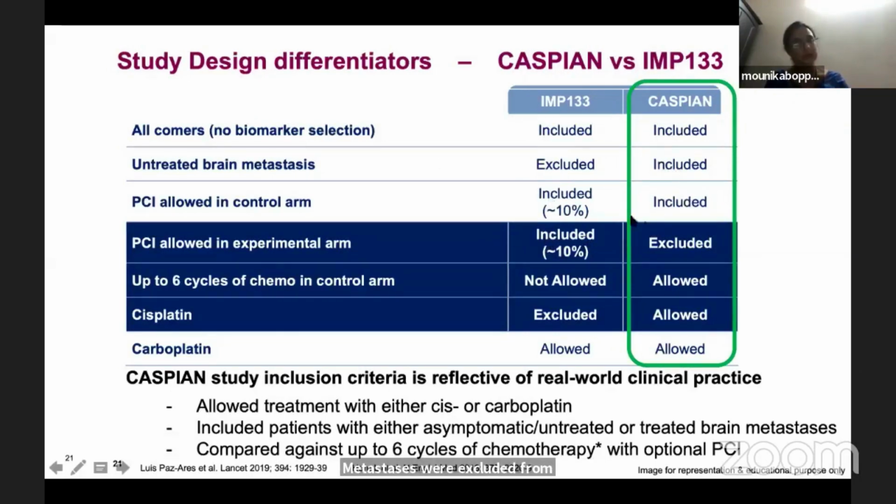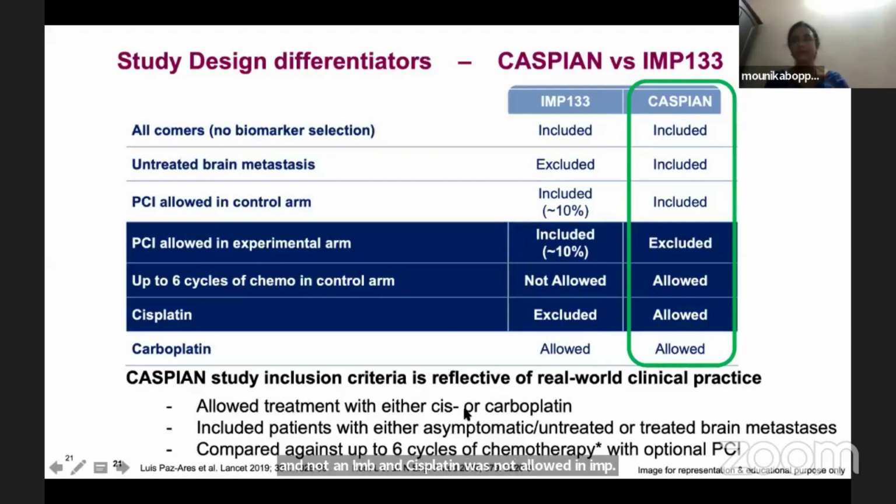PCI was allowed in both of them, and about 10% of the patients in the control arm of IMPAR received the PCI, and about 10% took it in the experimental arm also, whereas in Caspian, PCI was excluded in the experimental arm. So only the control arm patients could take the prophylactic cranial irradiation. Up to 6 cycles of chemotherapy were allowed in the control arm in Caspian and not in IMPAR. And cisplatin was not allowed in IMPAR, it was allowed in Caspian. Carboplatin was allowed in both the trials.